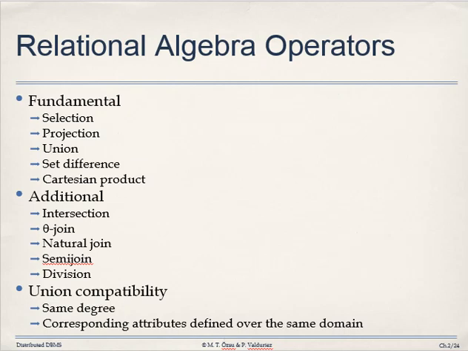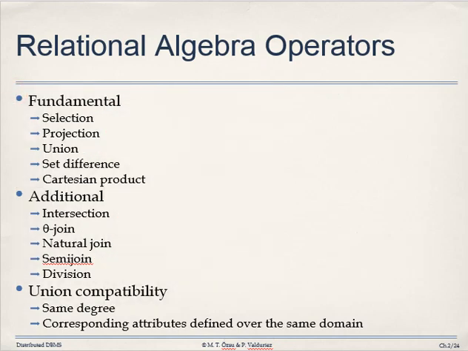Here we have the relational algebra operators. The fundamental ones are selection, projection, union, set difference and Cartesian product. Additional algebra operators are intersection, theta join, natural join, semi join, division. So these are the fundamental and some additional relational algebraic operations.